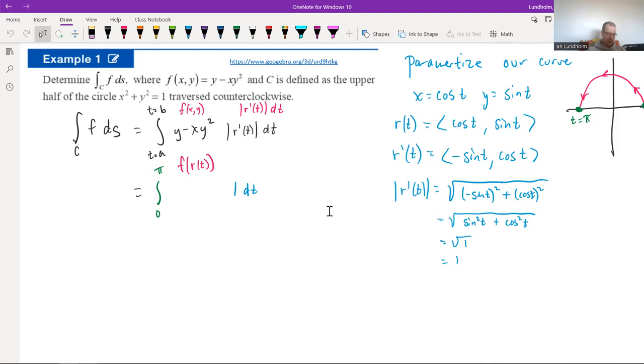So we're going to go sine t and then minus cosine t times sine t squared. And so we have effectively changed this integral that had no t's in it at all into a bunch of things that have t's. And then we'd be able to solve this integral.